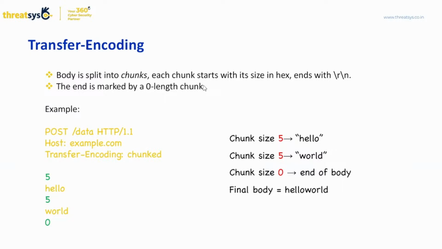After that, when the server sees 0, it stops, and that's how transfer encoding works. So these are two different formats that we use to read the data, or to find the end of the data.